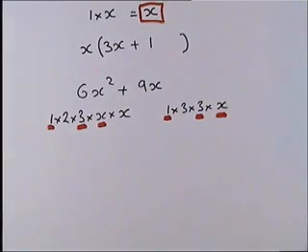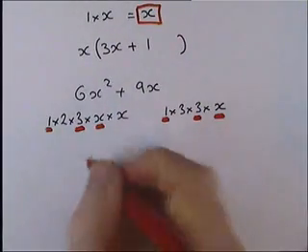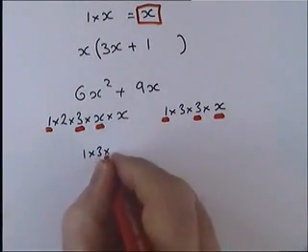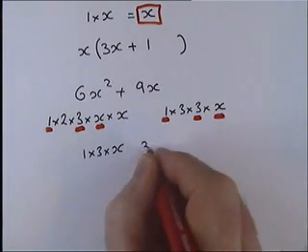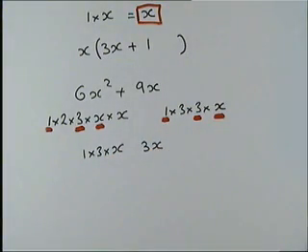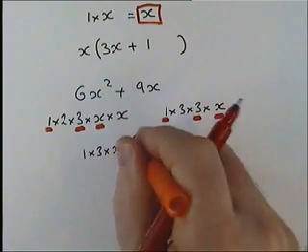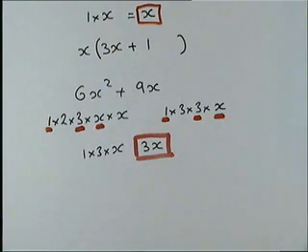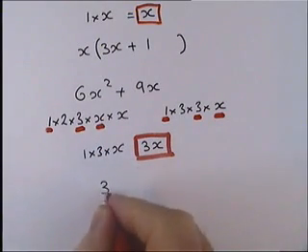So the highest common factor is 1 times 3 times x, or 3x. So that's the thing that's going to go in the first bracket or outside of the bracket. 3x.